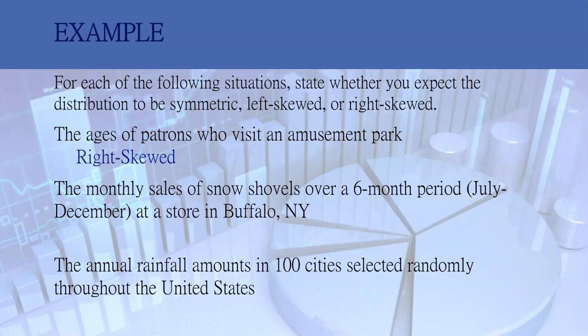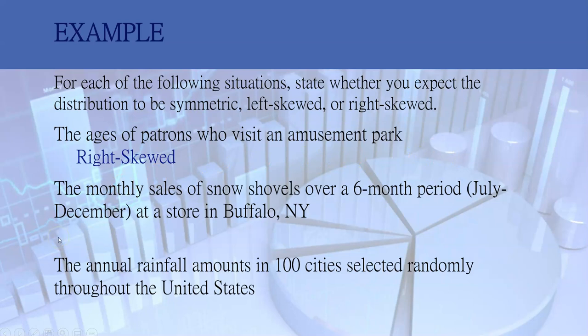You'll have a few younger kids there, but then you'll probably have several outliers of people who are much, much, much older visiting an amusement park, but you won't have many. That's what'll pull it over to the right.